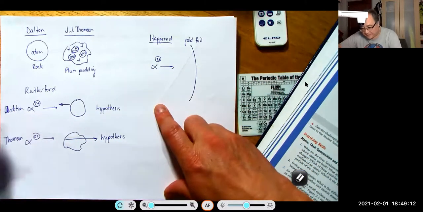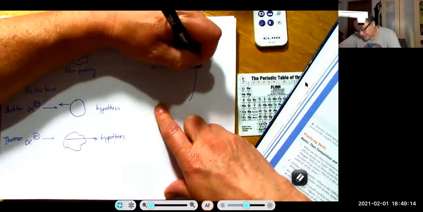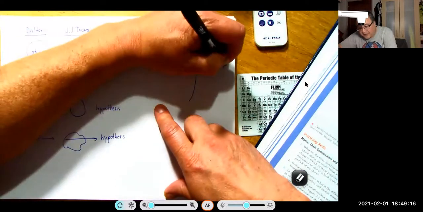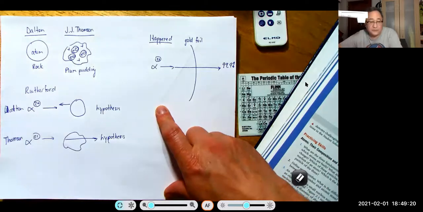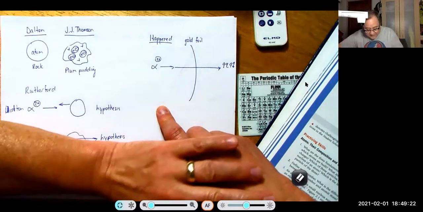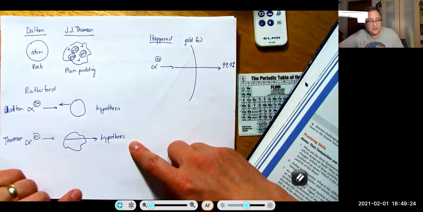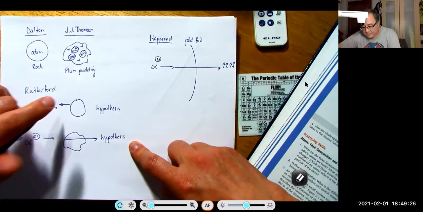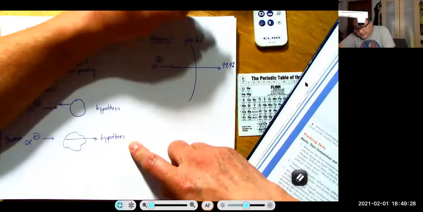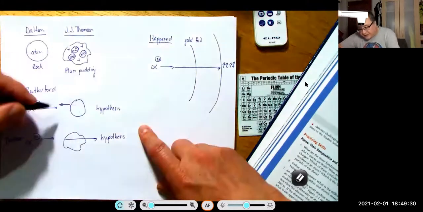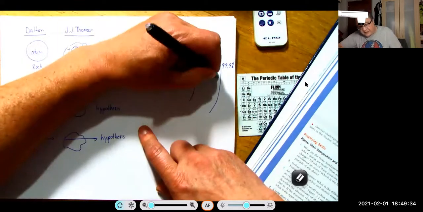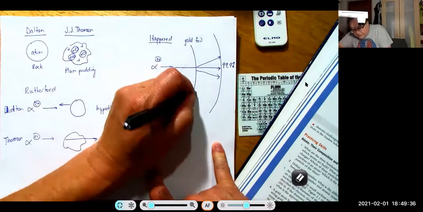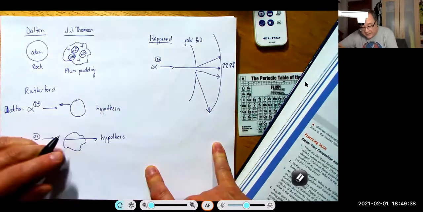And this is what he found. 99.9% of them, bigger than that actually, went straight through. So that sounds like the plum pudding model. However, he found that, and this is your detector here, some of them hit over here, some of them hit over here, some of them hit over here, not very many.